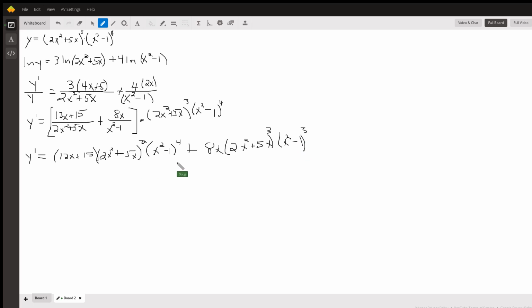Now, what do you do from here? Well, probably the easiest thing to do is to factor out the greatest common factor from each of these terms. So I see a 2x squared plus 5x, the quantity squared. I see an x squared minus 1, the quantity cubed. And now what's left inside from each term? Well, I've got a 12x plus 15.